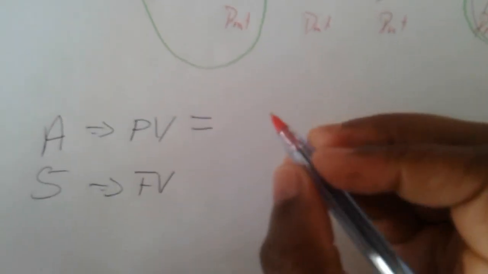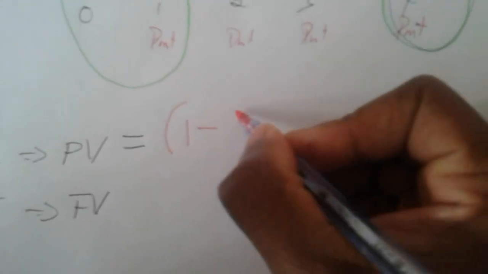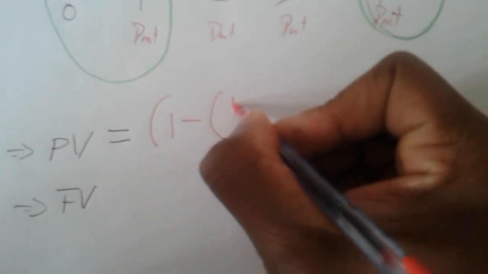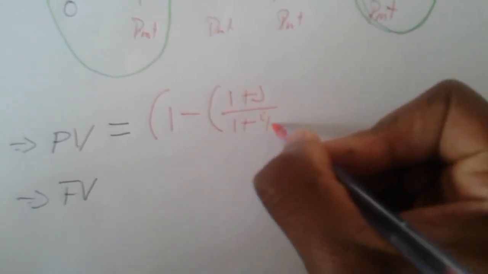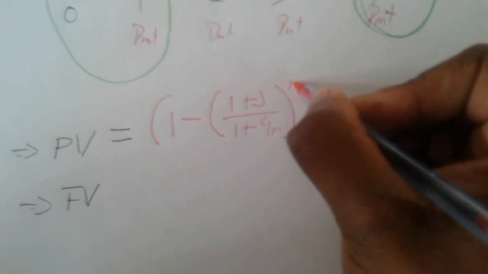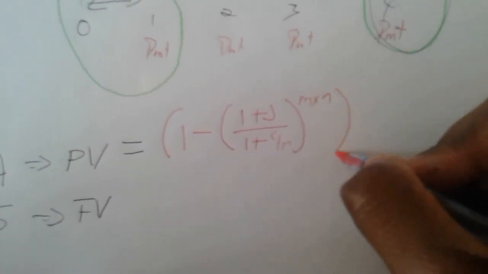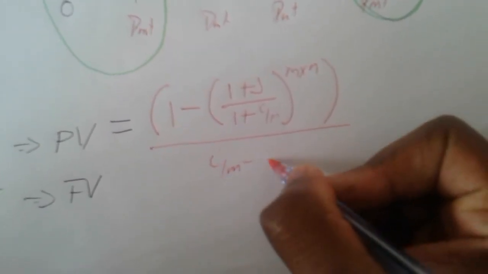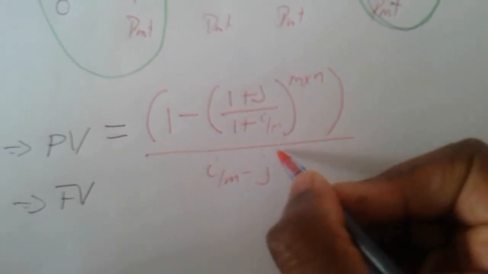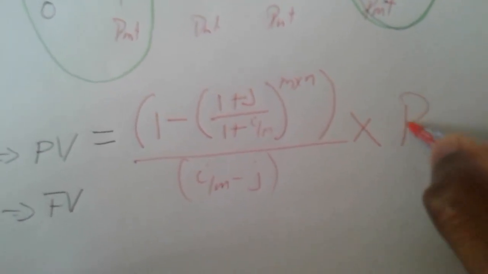Now let's look at the formula for A for an increasing annuity, which is equal to, you open that bracket, 1 minus, you open another bracket, (1 plus J) divided by (1 plus I over M) to the power of M times N, and then you close this bracket and divide everything by (I over M minus J). Now if you want, you can put a bracket there, or no, it's still fine. Then you multiply everything by R.